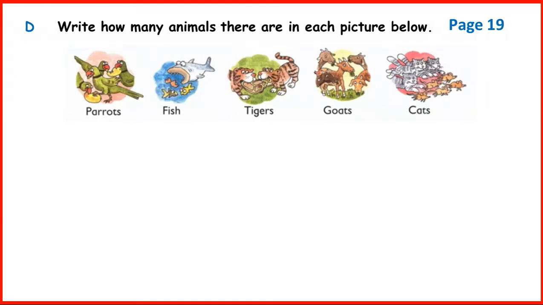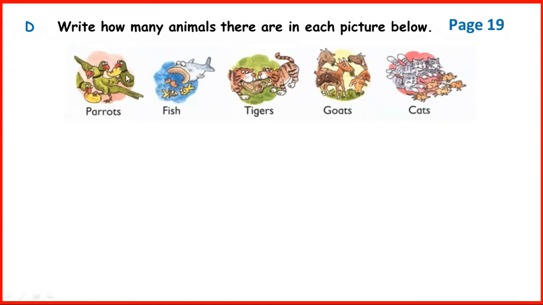Here you can see parrots, fish, tigers, goats, and cats. But how many are they? This is the question. So we have to count. We have to count all the animals one by one.